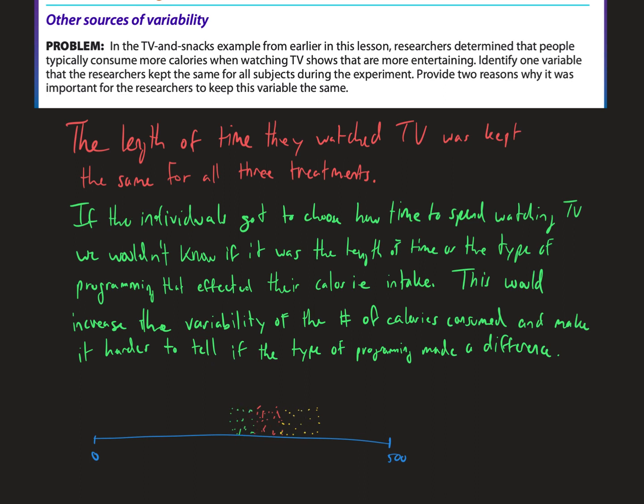Whereas if they got to pick how much TV they watched, what if the people that watched the movie with sound got to pick how much TV they watch, and so some of them, maybe the data starts looking like this, and because some people didn't watch much TV, they left, they only ate a little bit, and then there's people that watched a whole bunch and ate more, and then we kind of do the same thing.